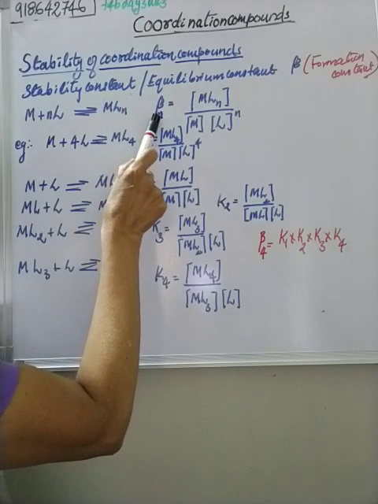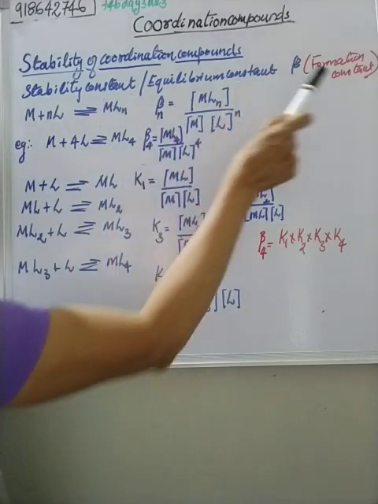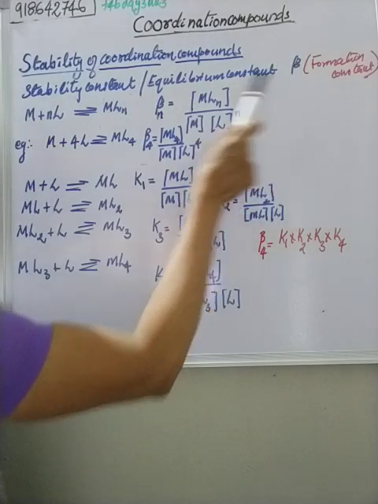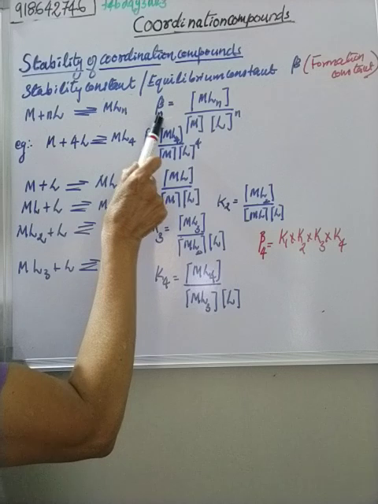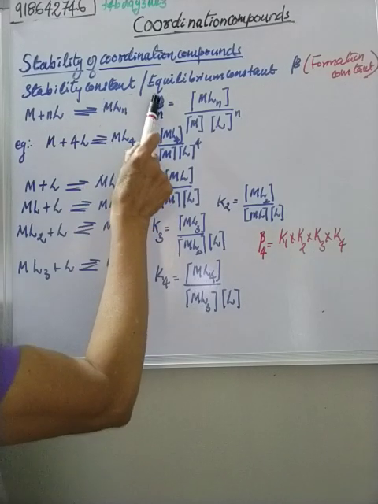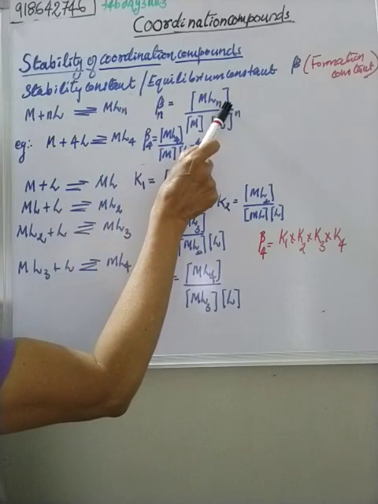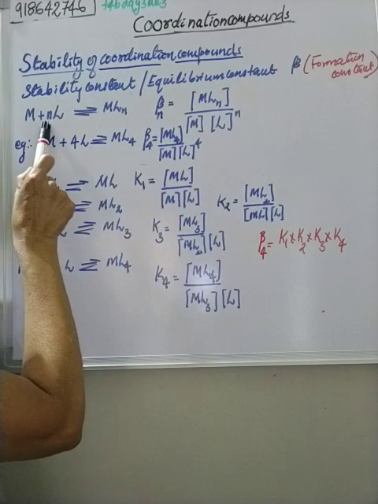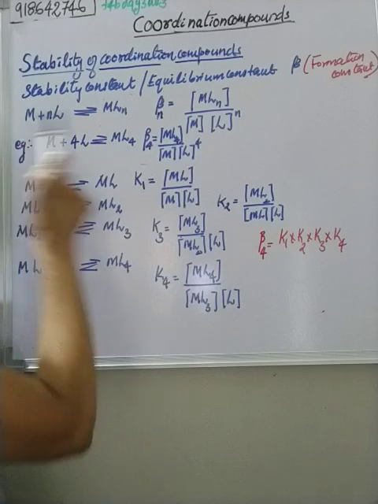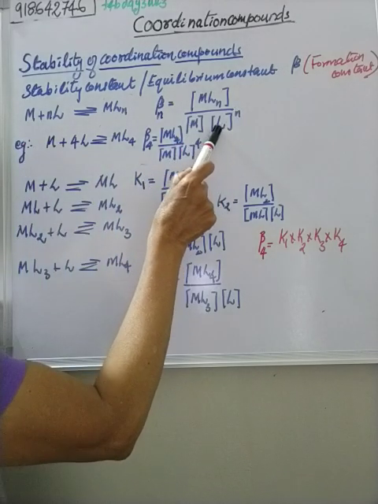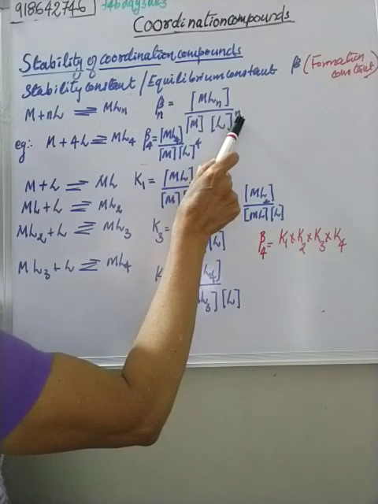Now the equilibrium constant K, here the stability constant or formation constant, is represented by beta. So here beta n, for n number of ligands, is equal to the concentration of the complex divided by the product of the concentration of the reactants, M and ligand, the concentration of ligand raised to n.